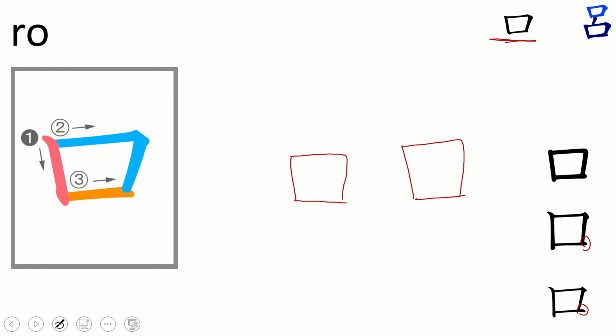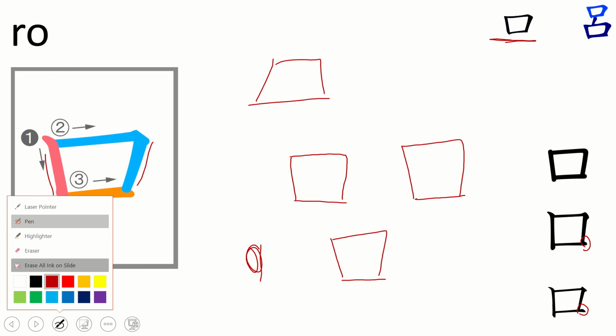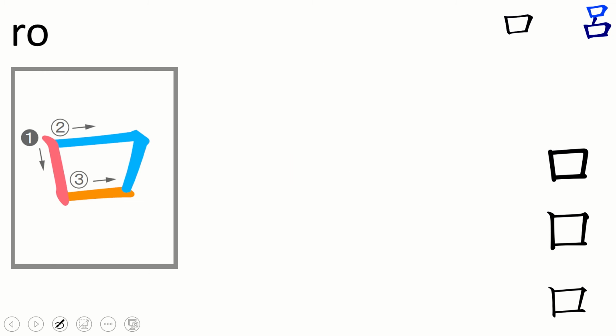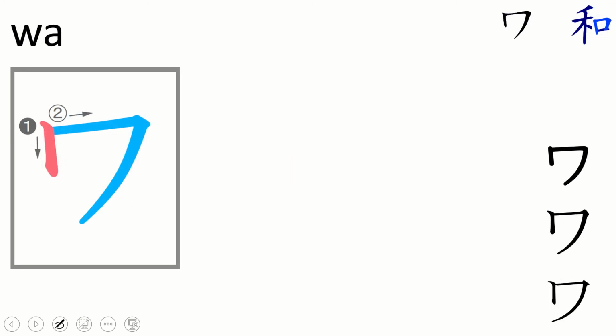But this is perfectly fine as well. Slightly inwards is okay. Outwards is not, though. It is not some sort of random trapezoid.